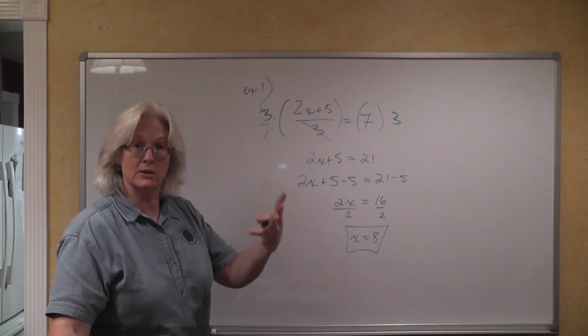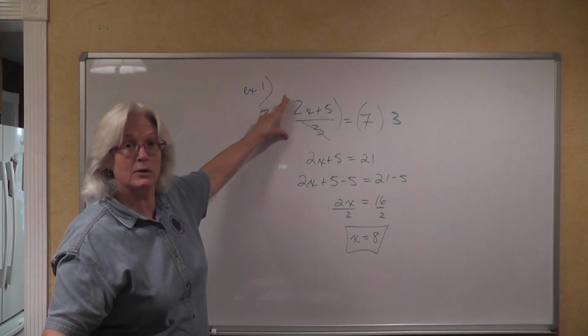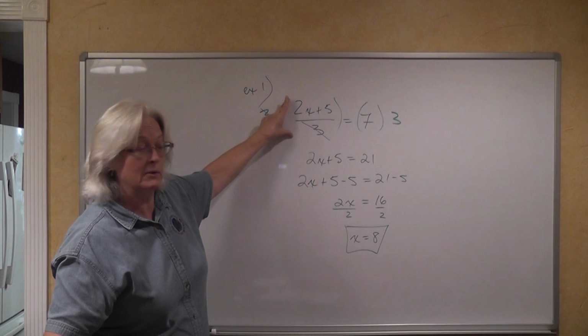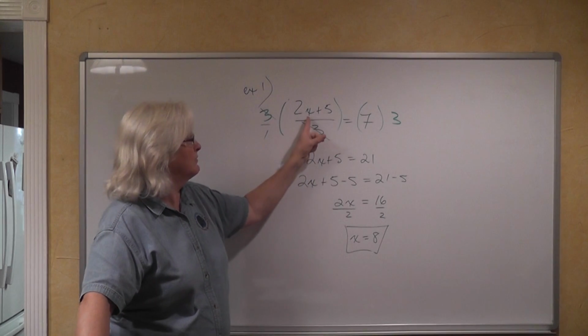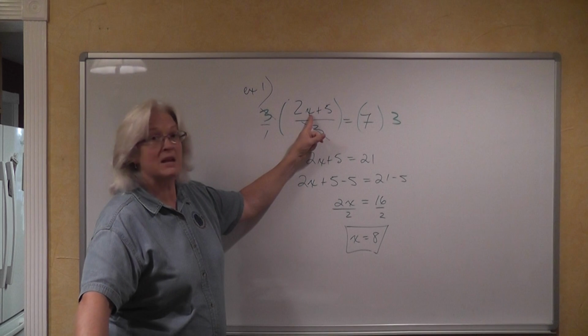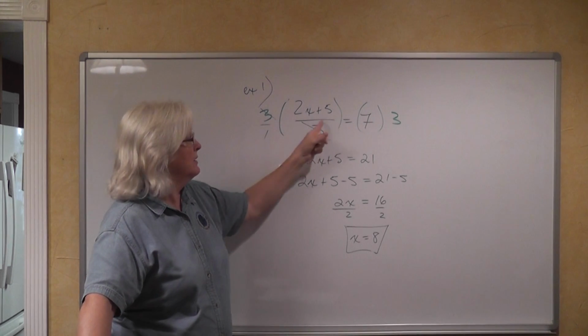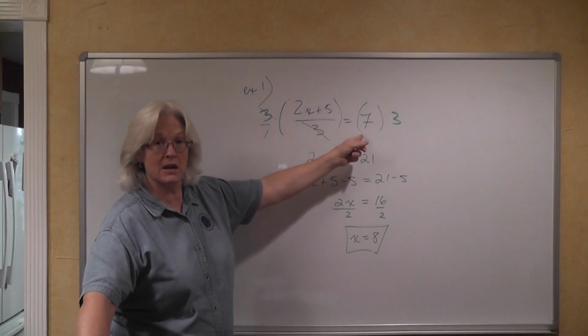Now, let's just check this mentally, see if we got the right answer. Here's our original equation. 2x plus 5 over 3 is equal to 7. Let's substitute this 8 in for the x. 2 times 8 is 16. Plus 5 is 21. Is 21 divided by 3 equal to 7?